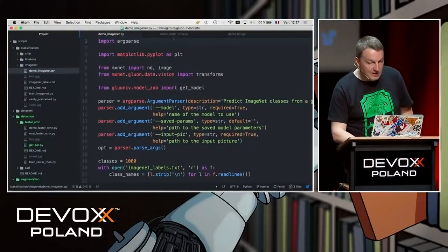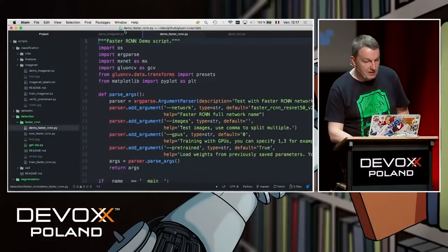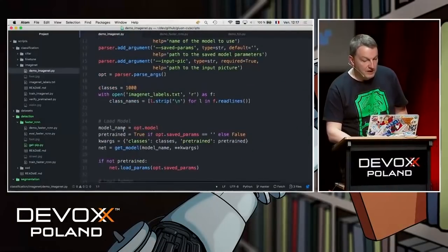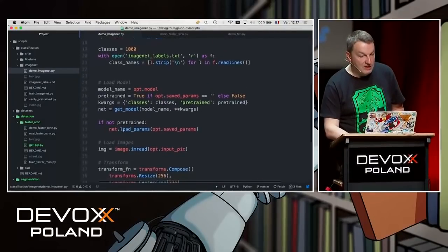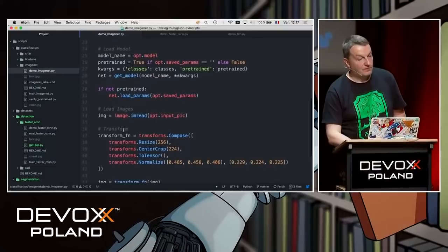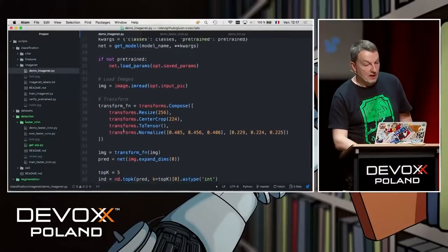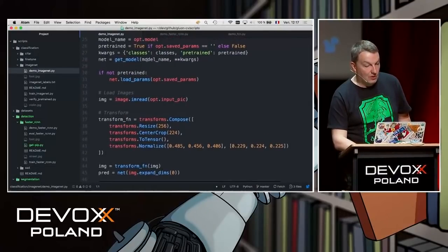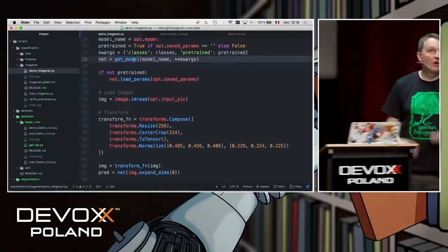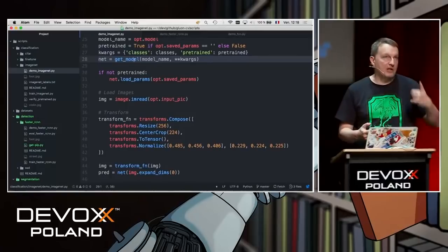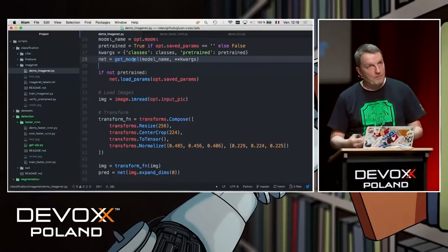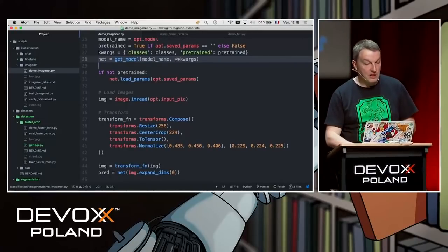Let's look at classification. So how complicated is it to do this? We're going to call this API to load a pre-trained model. It's called a model zoo. So we fetch a pre-trained model from the web, already trained, so no training needed.